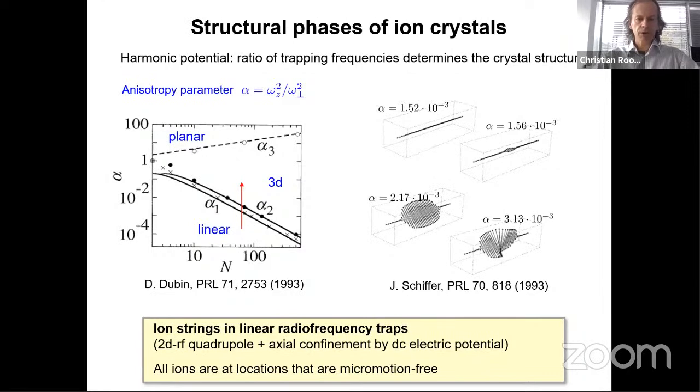And if you start adding more and more ions to this linear crystal, then at some point, this is plotted on the right-hand side, the ion crystal starts to explore a second dimension.